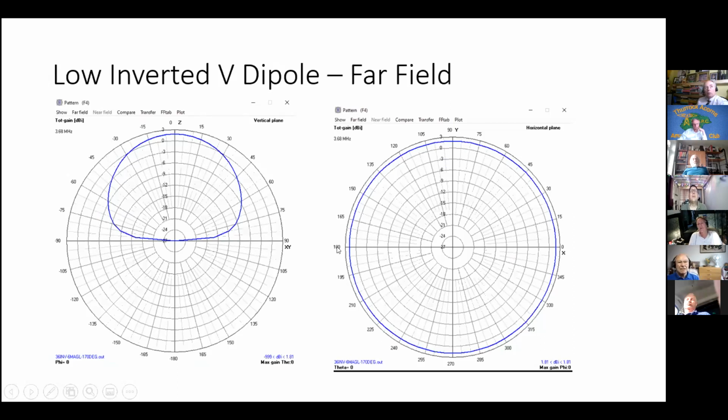And remember that -8 to -12 dB at horizon level when we come to look at the inverted L later. Horizontally, it radiates pretty much all round. It's not a very inverted V, and it's more to do with being close to the ground that does this.